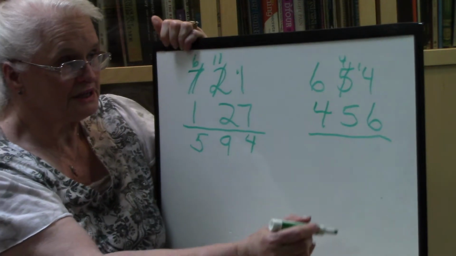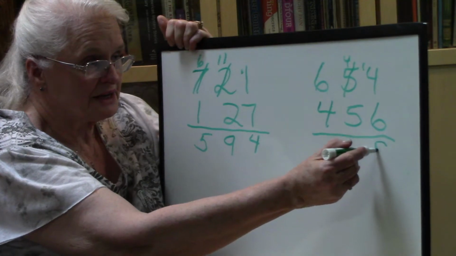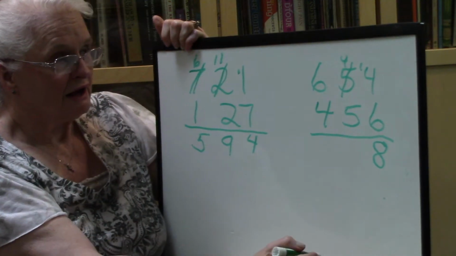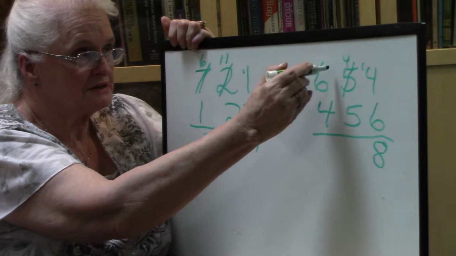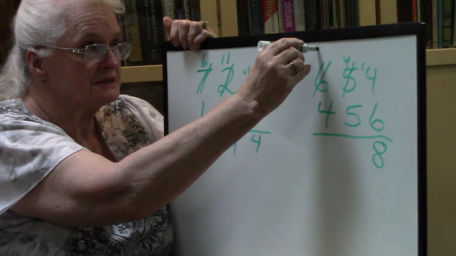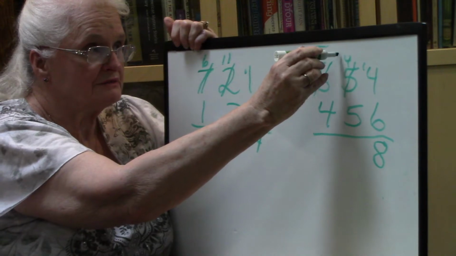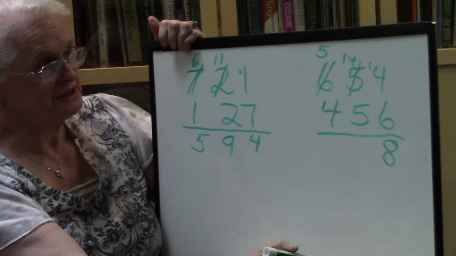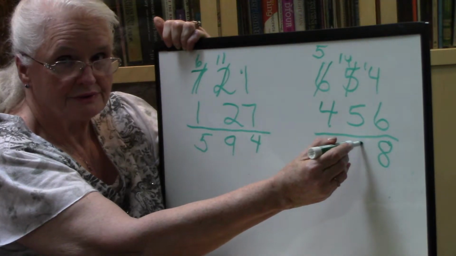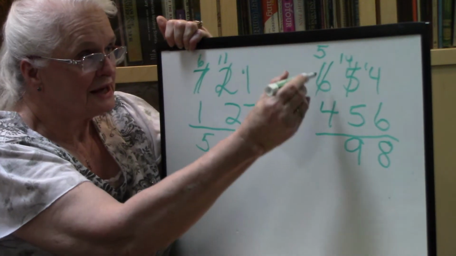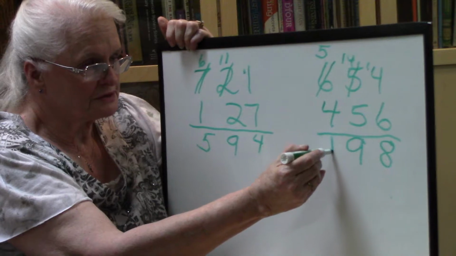Now we have 14 take away 6 is 8. Then we have 4 take away 5 we can't do, so we have to borrow from the 6, making it a 5. Now we have 14 minus 5 is what? 9. And 5 take away 4 is 1.